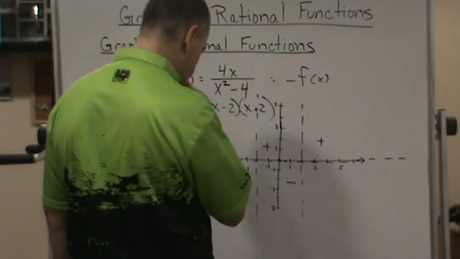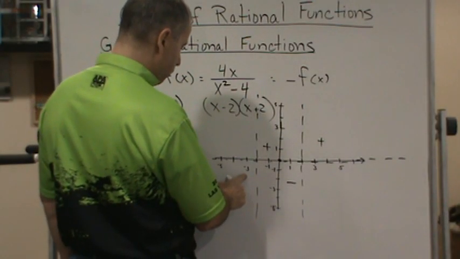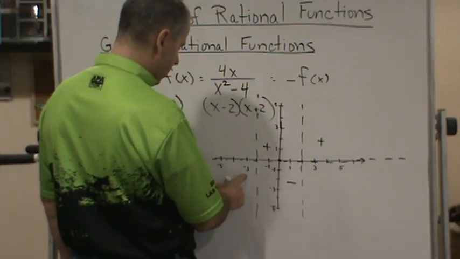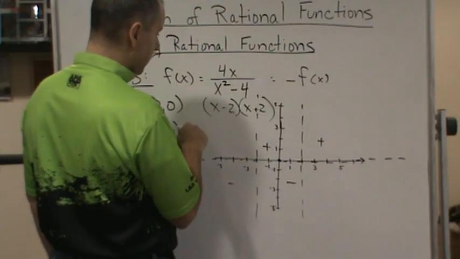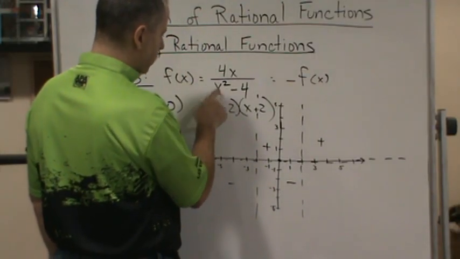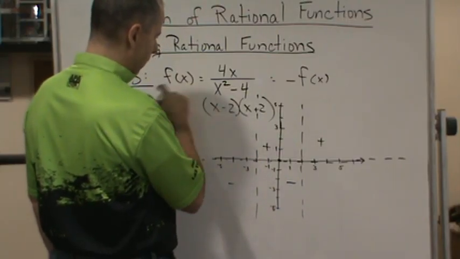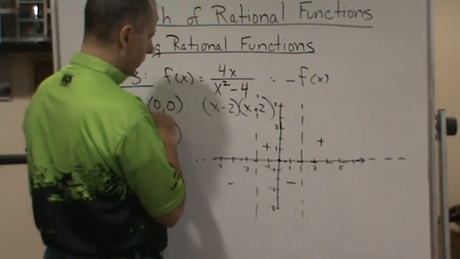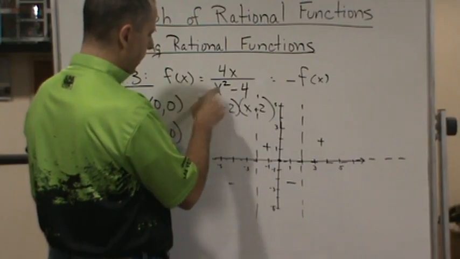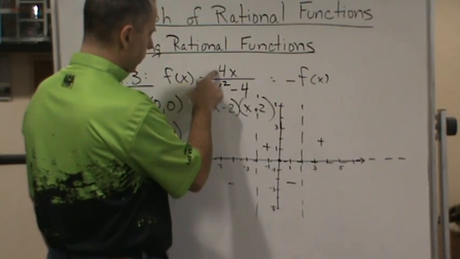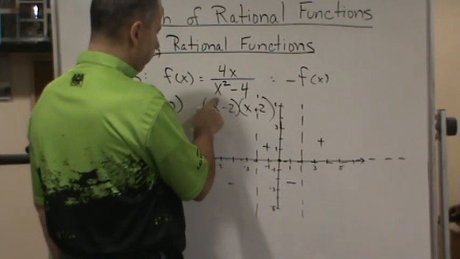So now here's the thing. Let's do -3. So -3 is going to give me what? -12 over 7? Excuse me, I'm sorry, 5. So this is going to give me -12 over 5.